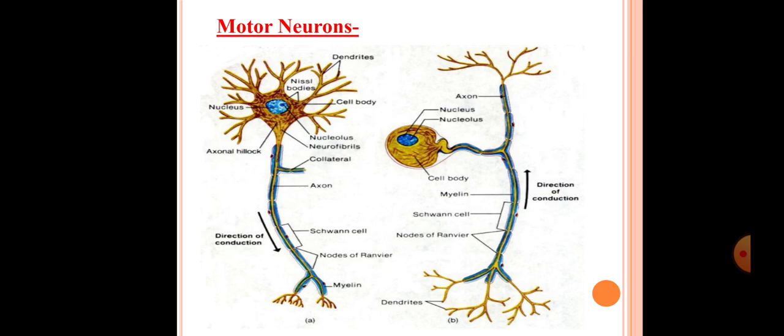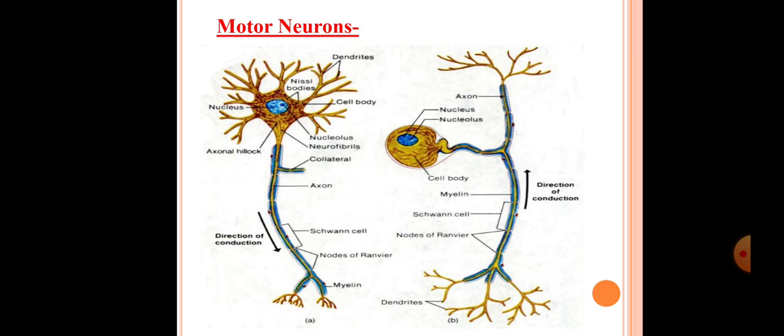Then the bipolar type of neurons are found in the retina of the eye and have two processes, one axon and another one dendrite, which extend from opposite ends of the cell body. The third type is the multipolar.